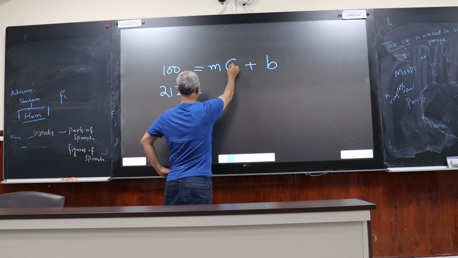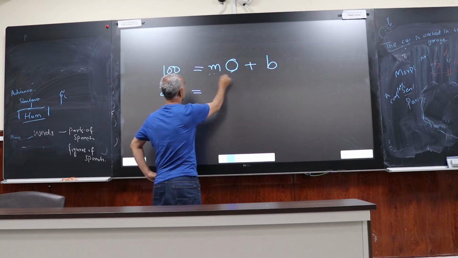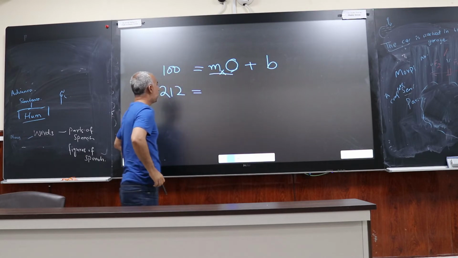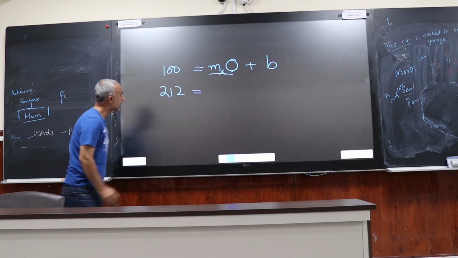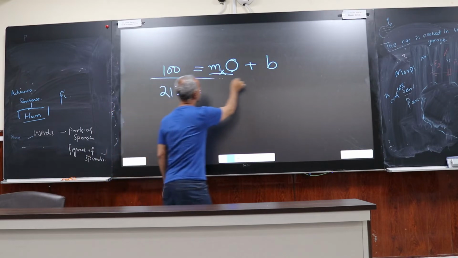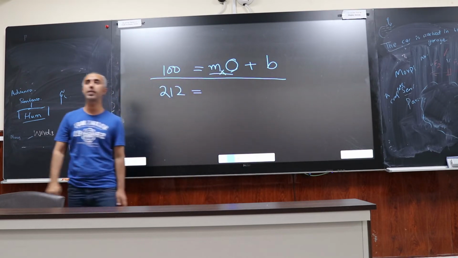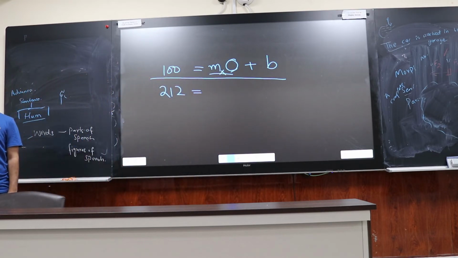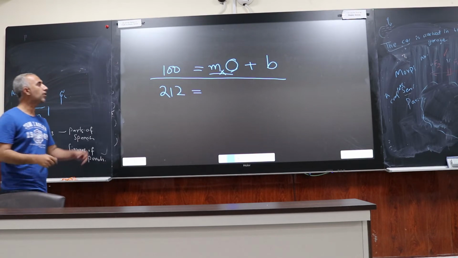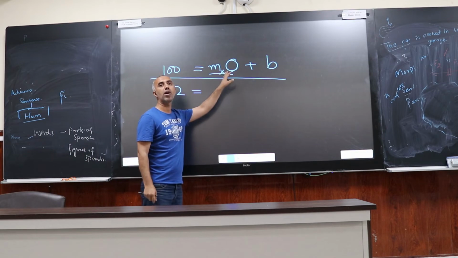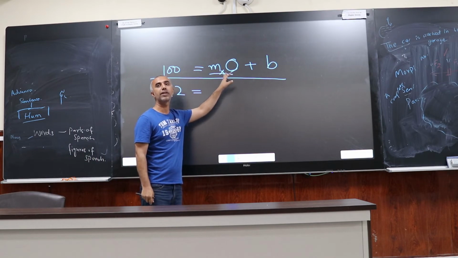Yes. In this case, it will be 0. Okay. In case of Celsius, the equation will be written like this. 0 at the initial point where there is no change. Celsius at 0 degree centigrade.